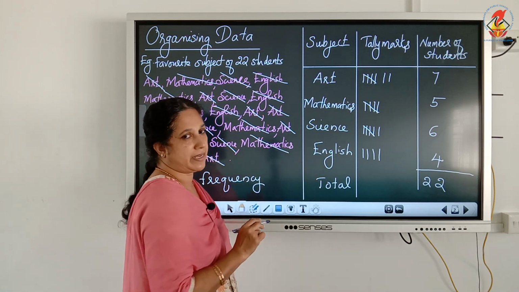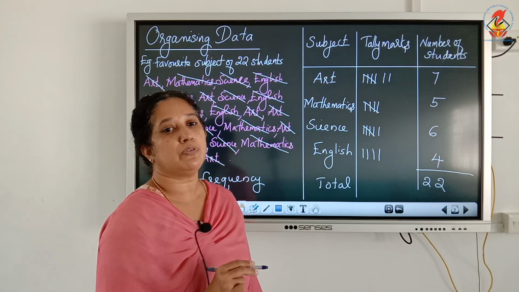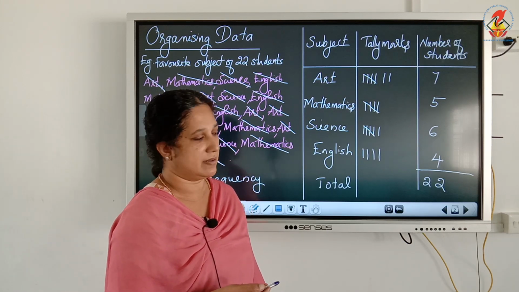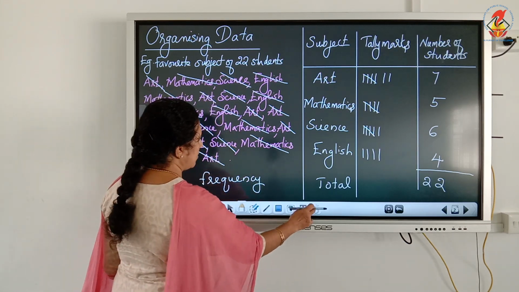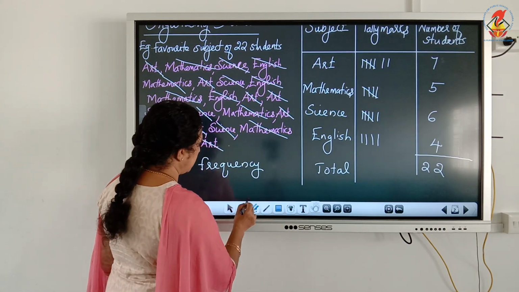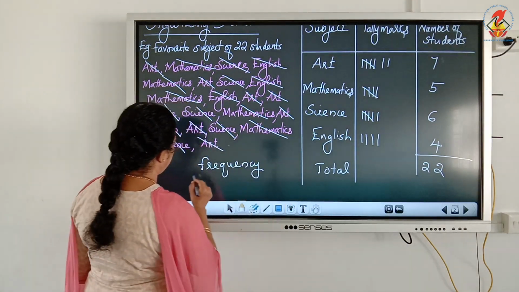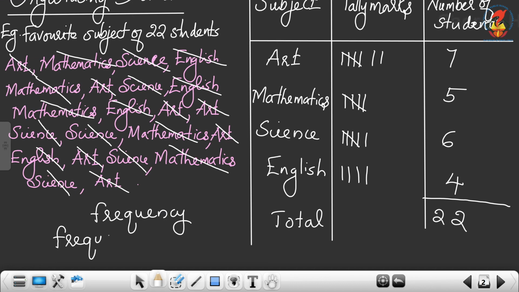And the table made is known as a frequency distribution table.